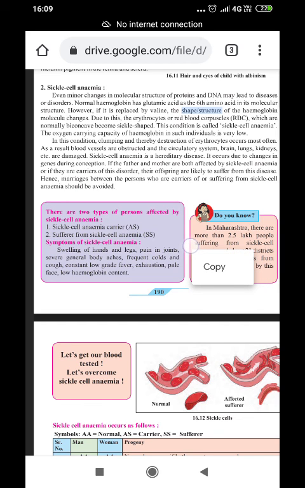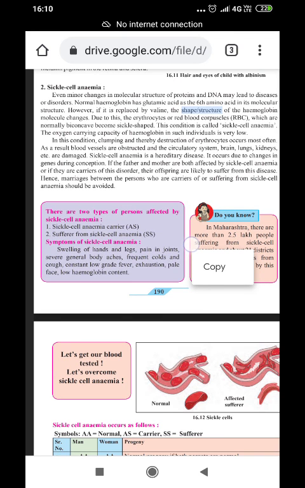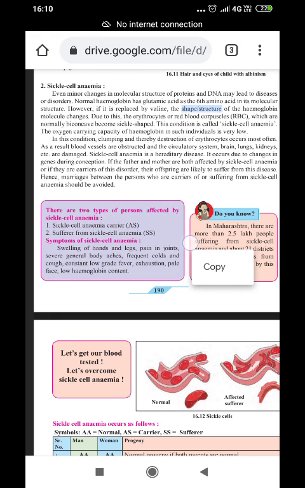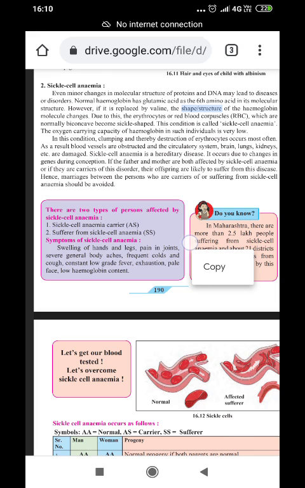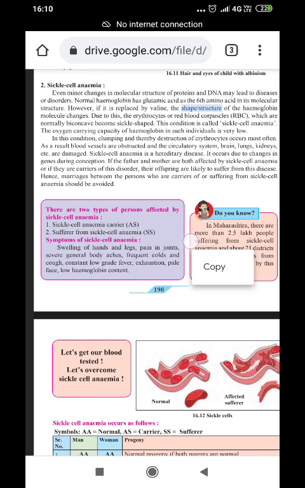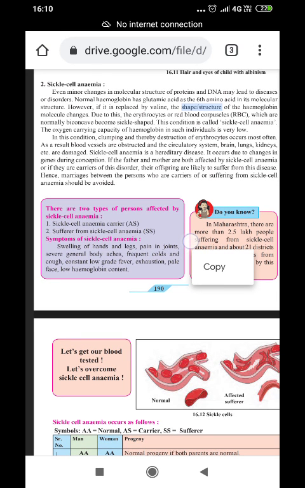However, if the sixth amino acid is replaced by valine, the shape of the hemoglobin molecule changes. Due to this, erythrocytes or RBCs, which are normally biconcave, become sickle shaped. This condition is called sickle cell anemia.